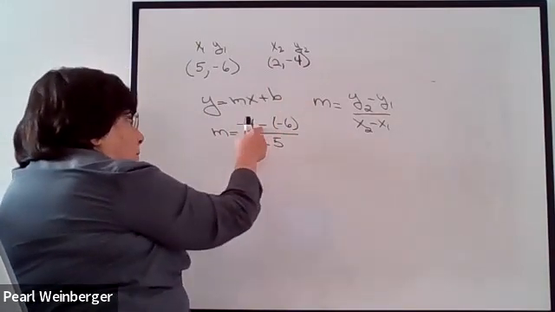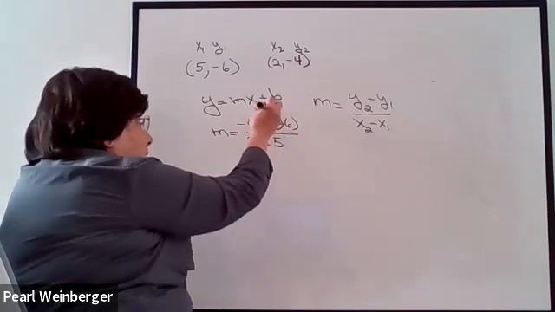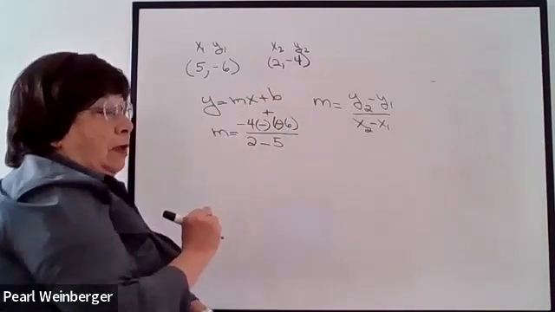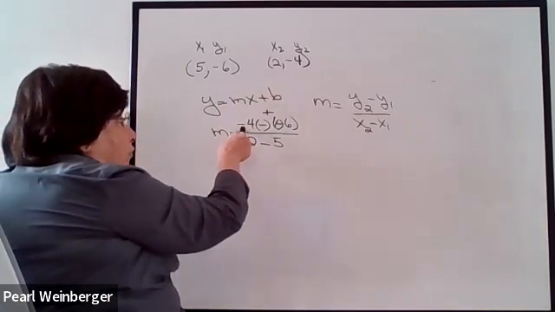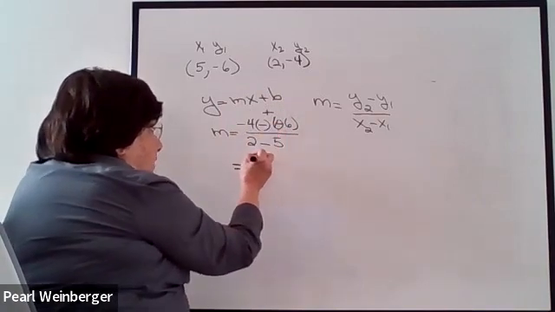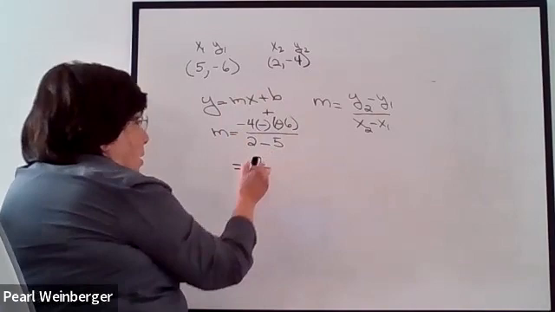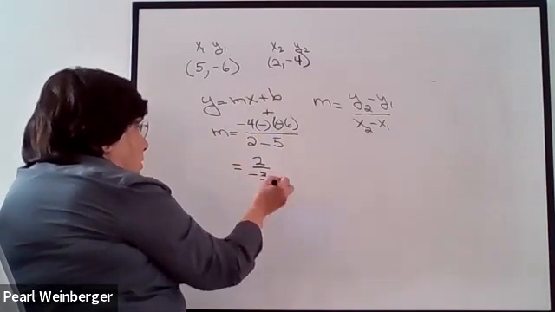Remembering that when we have a minus and a minus, it converts to a plus. So what we actually get is -4 plus 6, which gives us +2. And 2 minus 5 gives us -3.